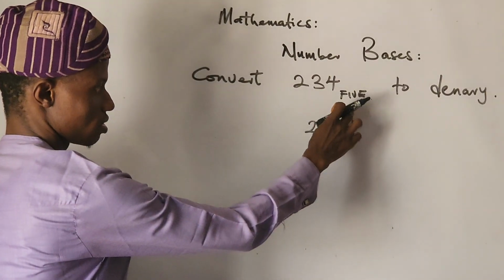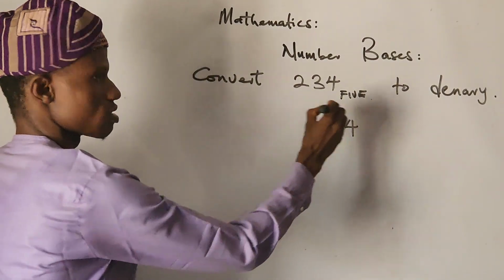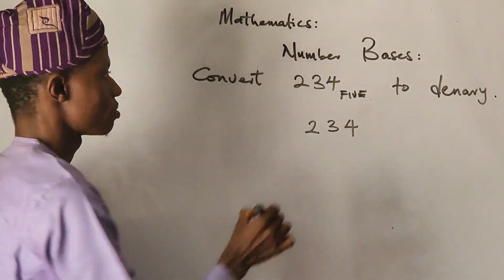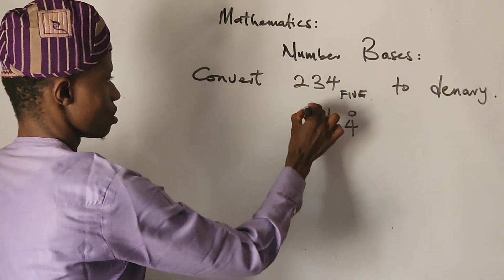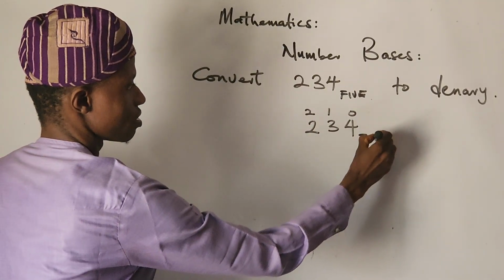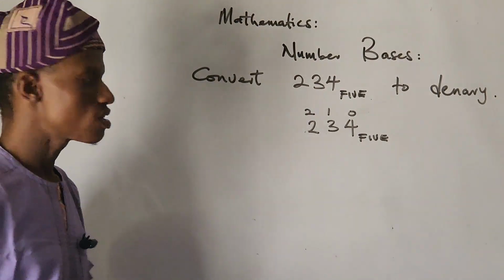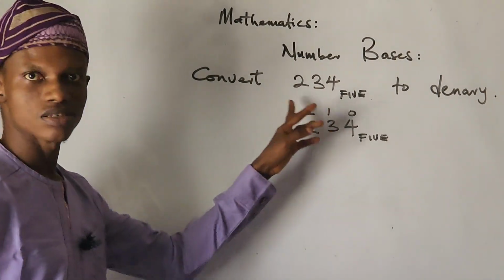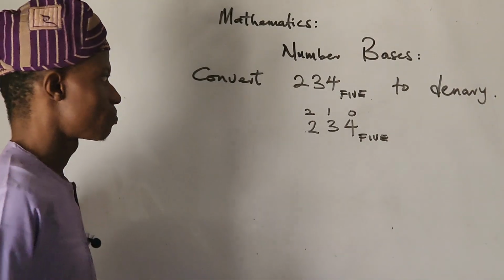Assign powers to the digits from left to right, starting from 0, 1, 2. Don't forget the base 5.